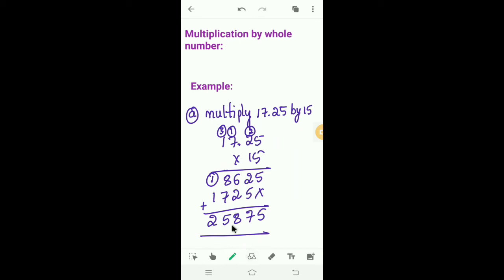So the product should have the same number of decimal places as the multiplicand. Here the multiplicand has 2 decimal places. So we have to put the decimal point after 2 digits from the right side. So the answer is 258.75.